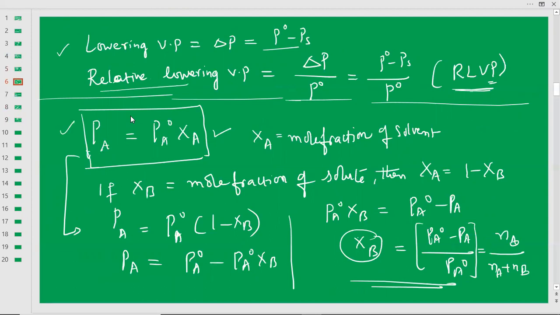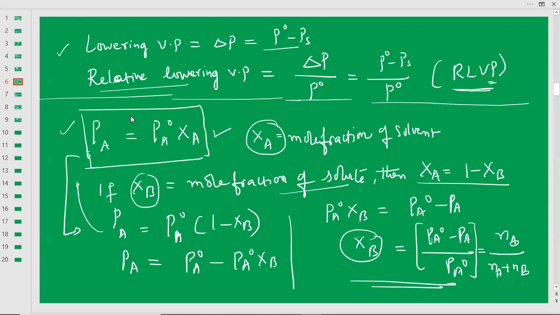According to Raoult's law, this vapor pressure of a solution, if you consider it is PA, that is equals to PA naught into XA, whereas XA is the mole fraction of solvent. And in that case, XB, if you consider the mole fraction of solute, XA is written in terms of XB, and finally that is substituted in the above expression. This expression we got XB, which is equals to (PA naught minus PA) by PA naught.